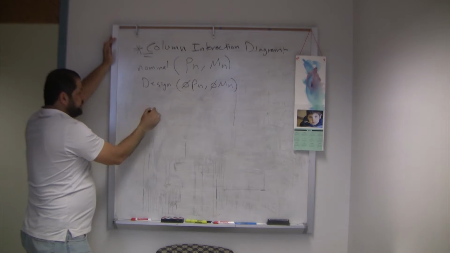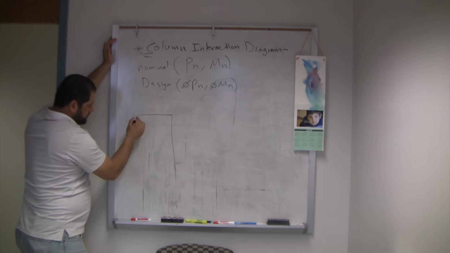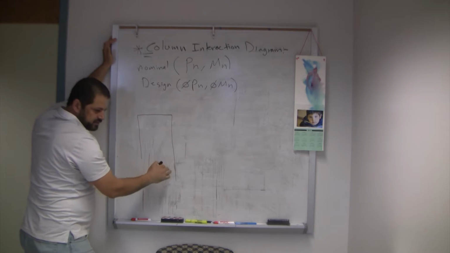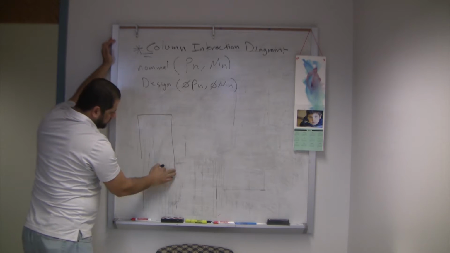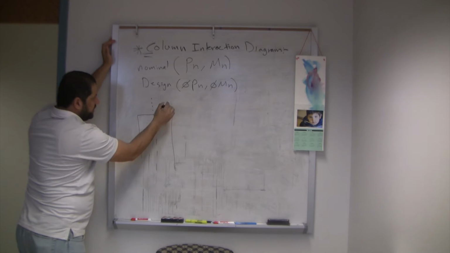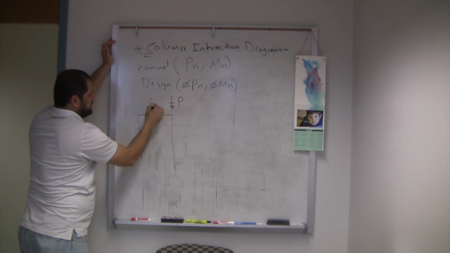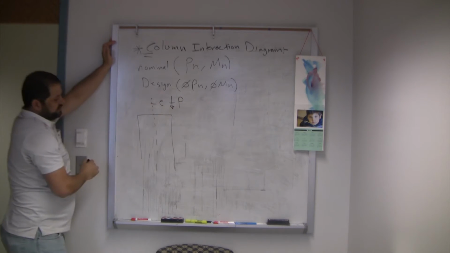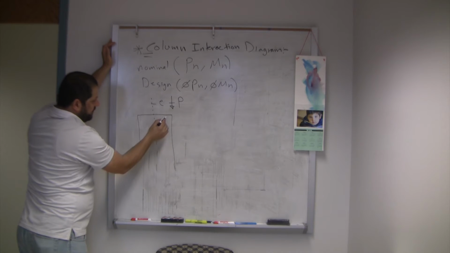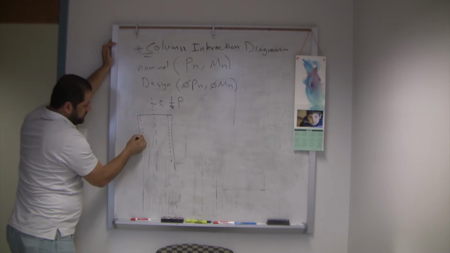Okay, so this is the column that we are talking about. This is the center of the column, and the load will be applied here at eccentricity. We have reinforcement, steel in here, and steel in here.